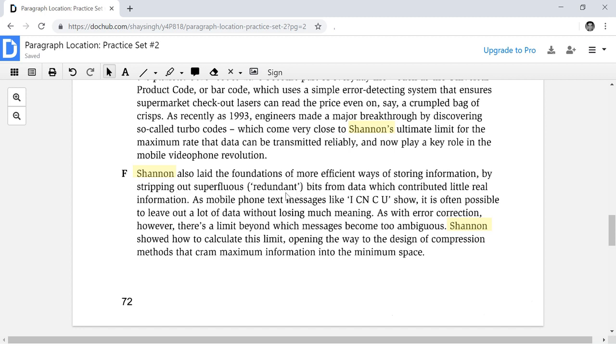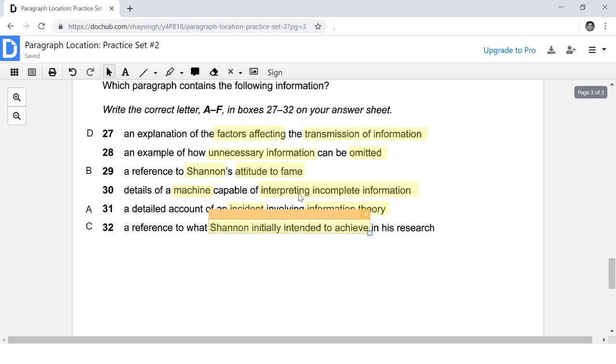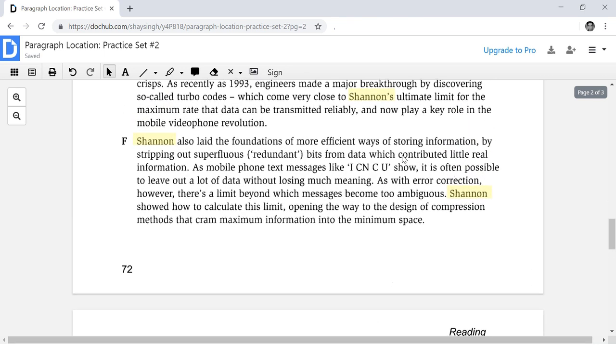Okay, so here we have the word redundant. Redundant means that something is repeated. So usually something that is repeated is unnecessary. So that is synonym language. Question number 28 is asking us for an example of how unnecessary information can be removed. So it seems to be talking about this.